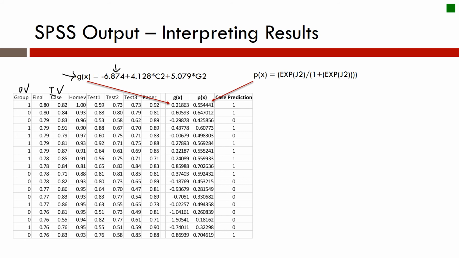Again, this is just a division of the exponential of G sub x over 1 plus the exponential of G sub x, in the exponential formation or calculation thereof. So this is actually the Excel formula. These are the Excel formulas to create these columns.